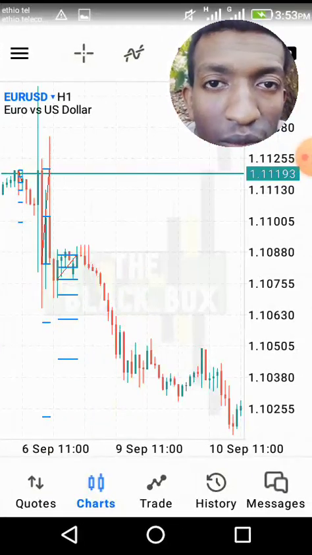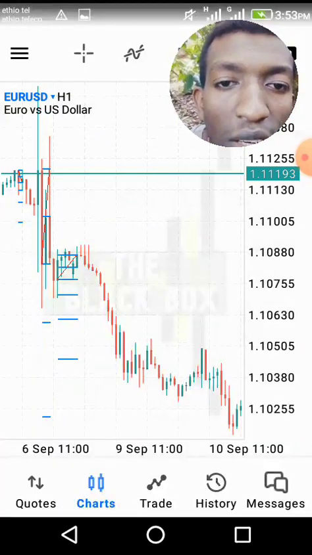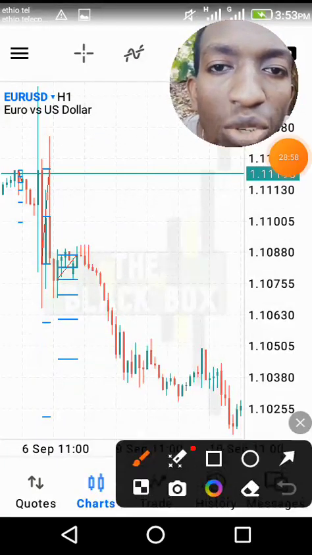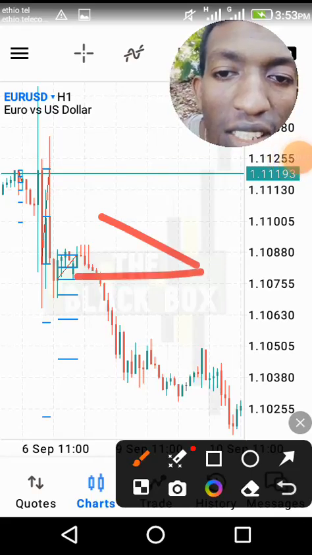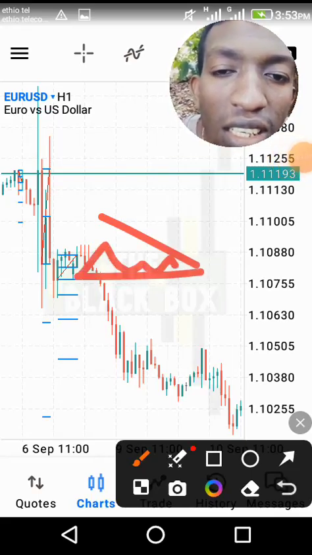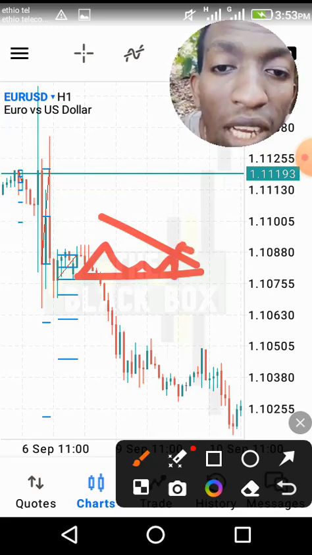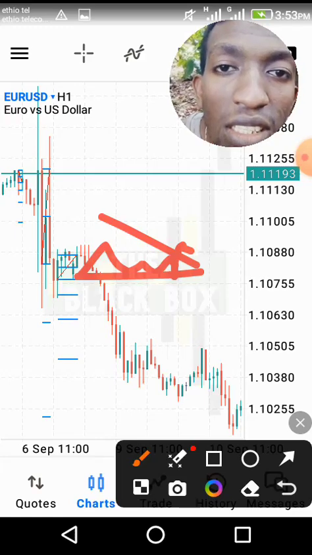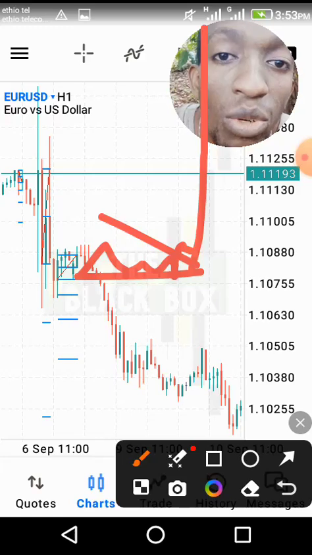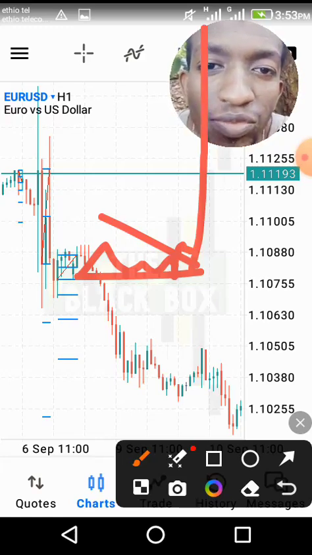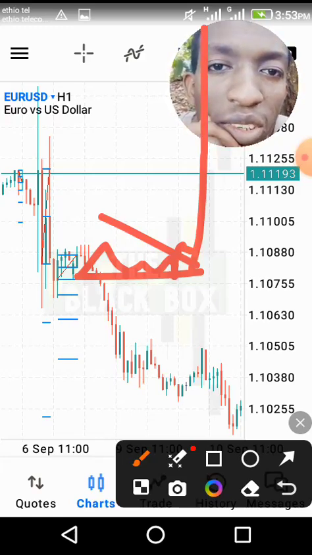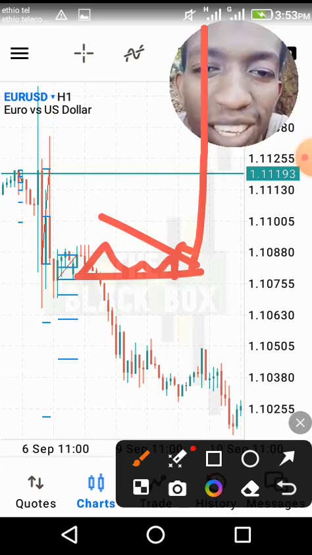I was using every kind of pattern, like triangles. One day I was trading Aussie dollar and it broke this and I entered the buy. When I checked it back 1 hour later, this was what I found. So I immediately fell in love with this.